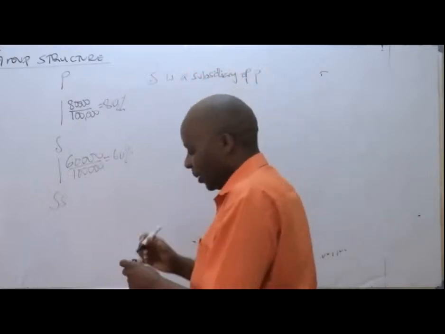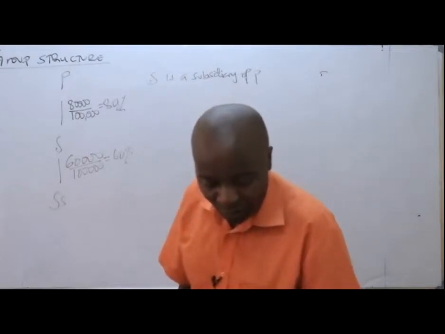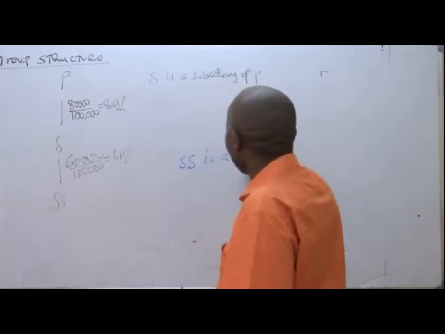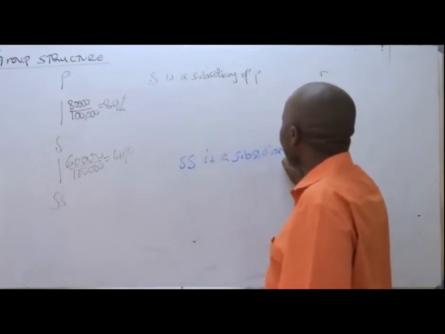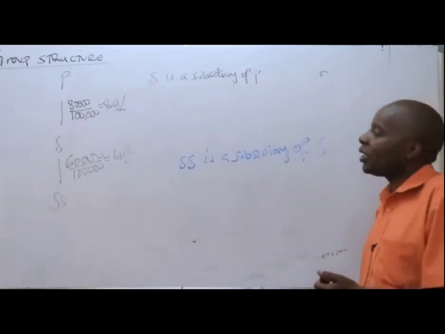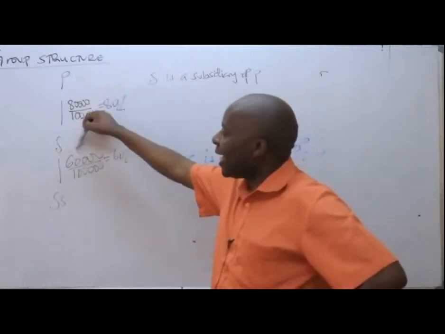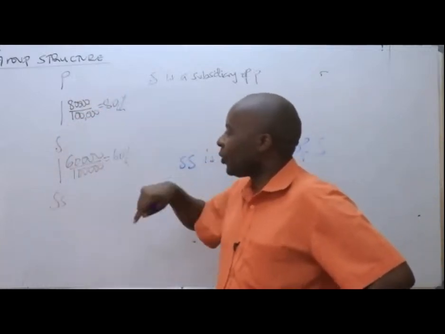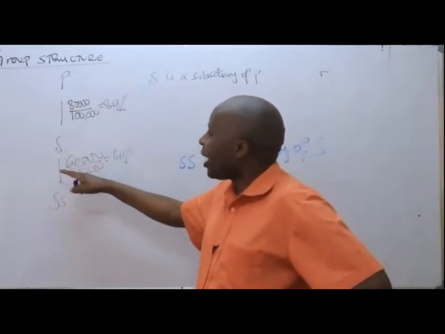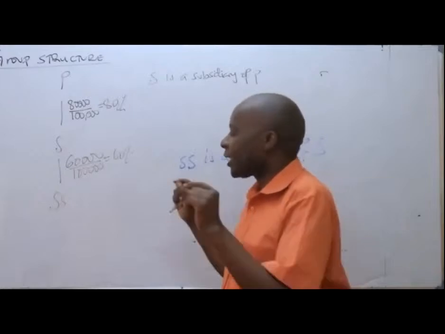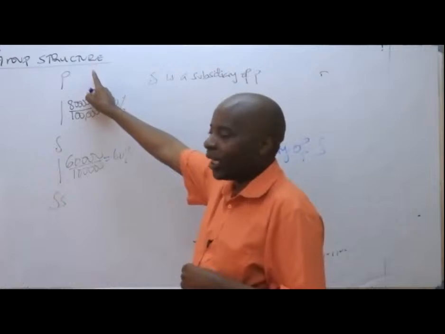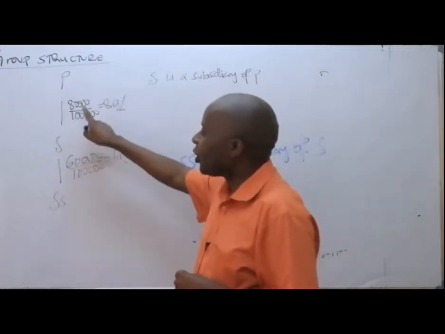And in the same breath, we are able to see that SS is a subsidiary of S. Ladies and gentlemen, because we are controlling S, because S is our subsidiary, and S went ahead to acquire another firm that has turned out to be its subsidiary, then automatically SS becomes a company that is being controlled by the parent as well, regardless of our effective shareholding.